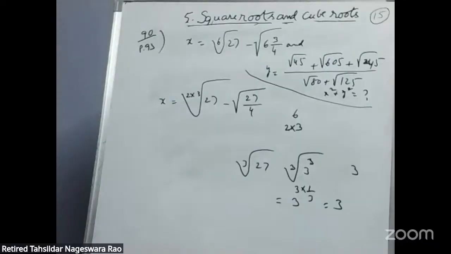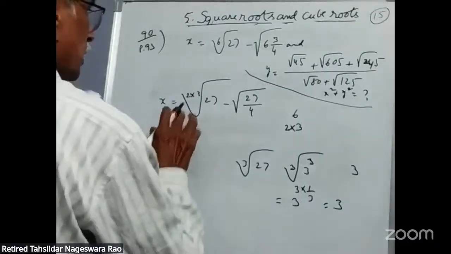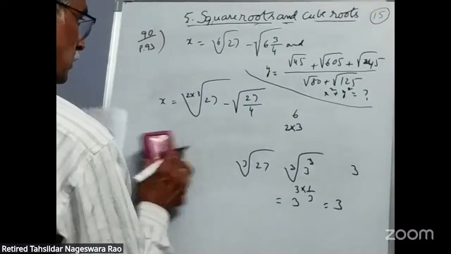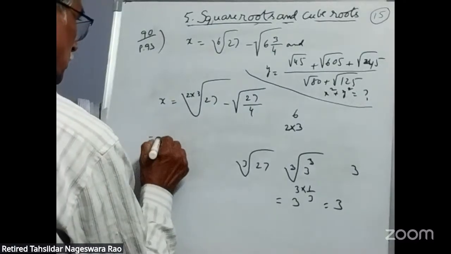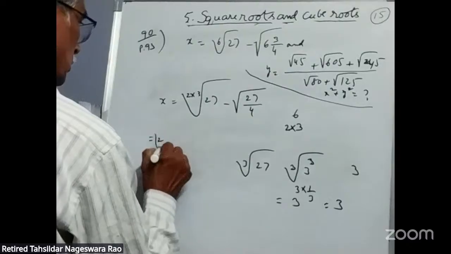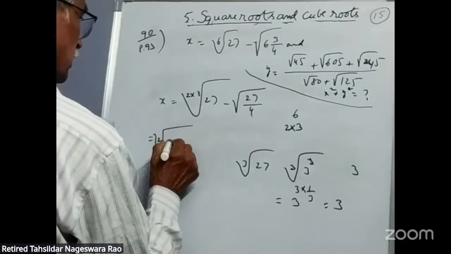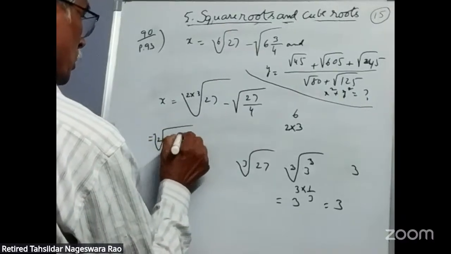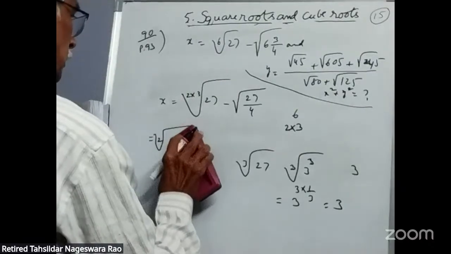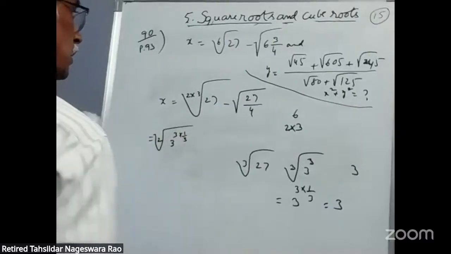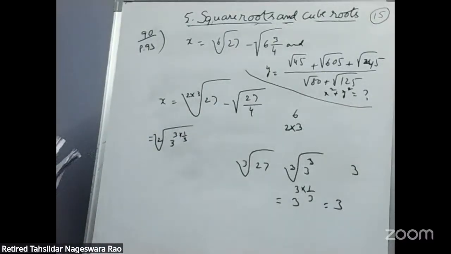Okay. So likewise, don't take 2 inside, take 3 inside. 2 is not necessary, of course. First write 2. Then 27 is 3 cube, into 1 by 3. Simply that will be 3 only. Root of 3.